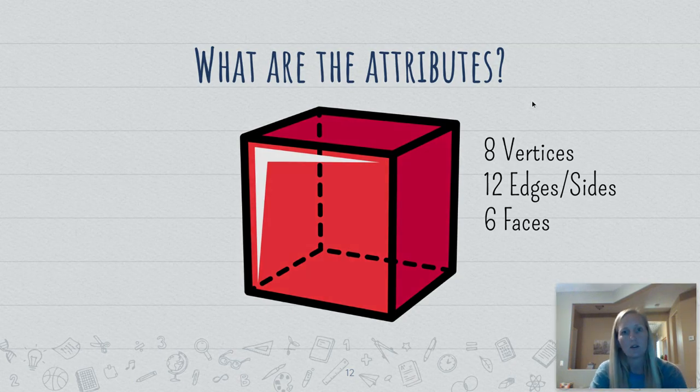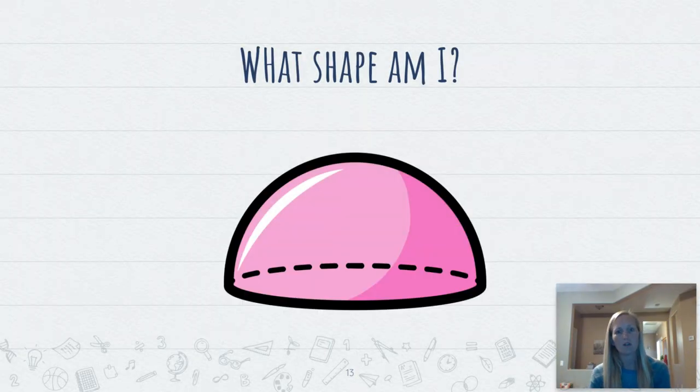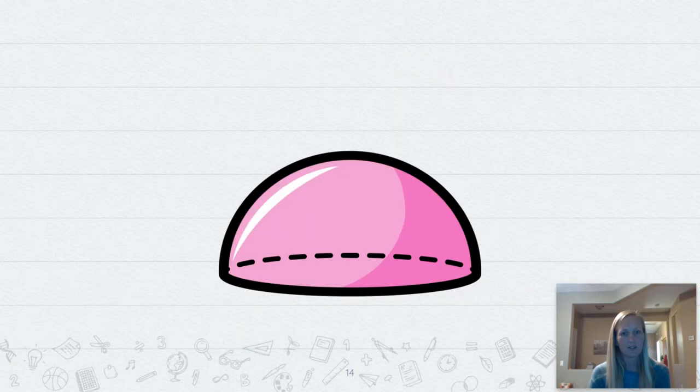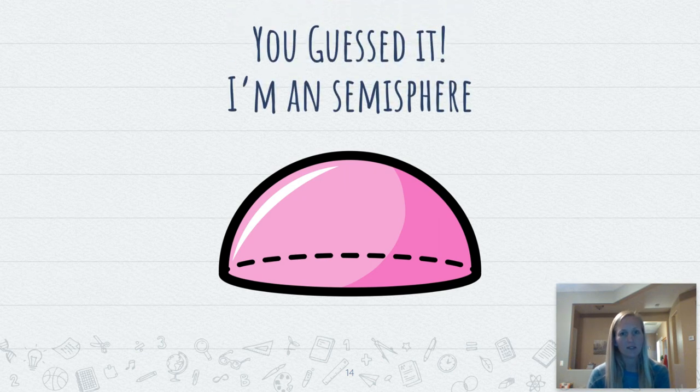All right, let's look at the next shape. What shape is this? It looks like gum to me, like color. All right, this one is a semisphere. Similar to a semicircle, except it's 3D. It's like a basketball cut in half.